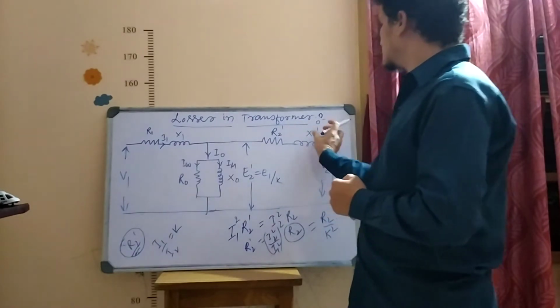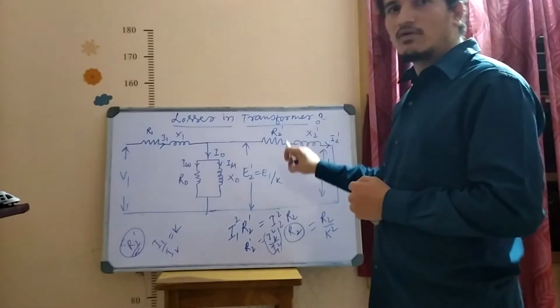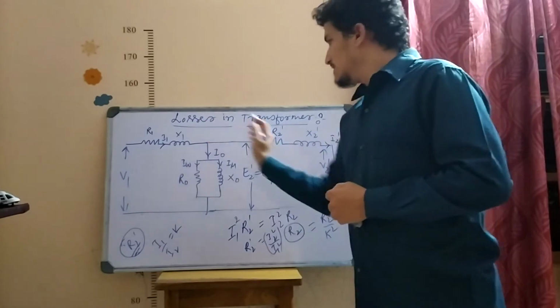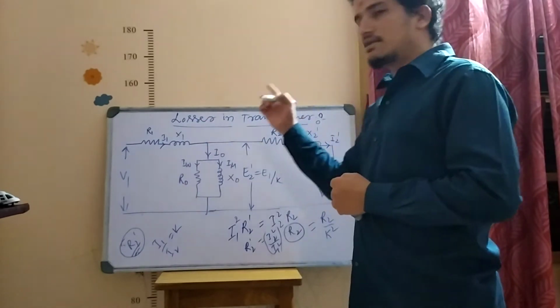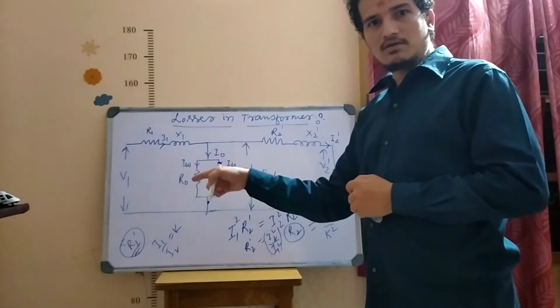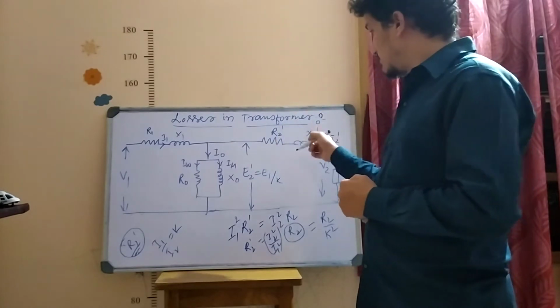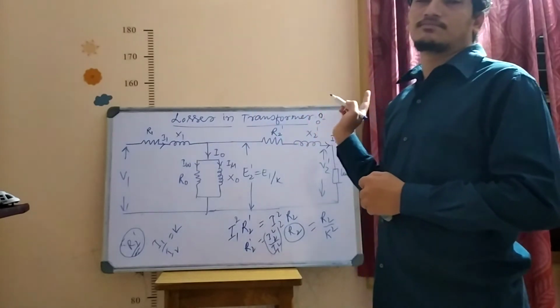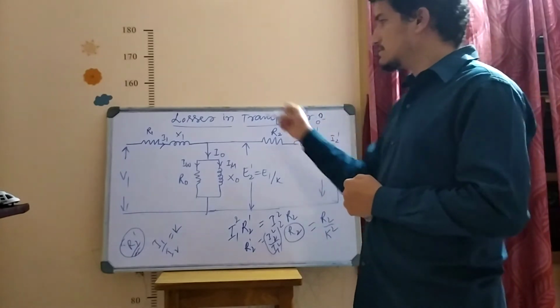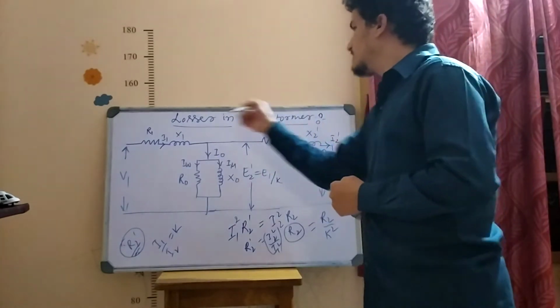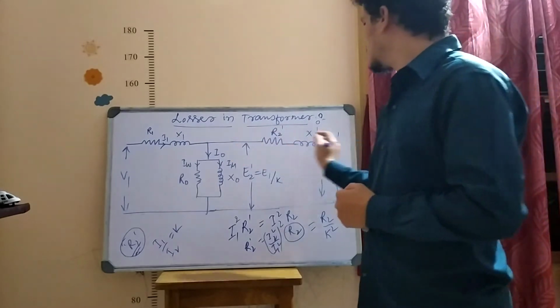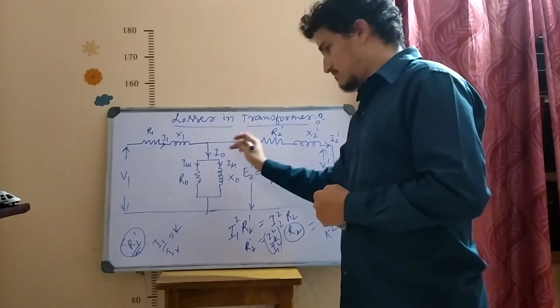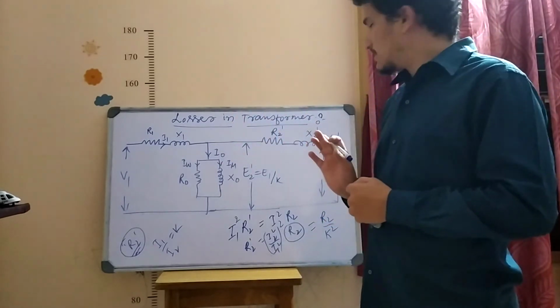Similarly, X2 dash is the equivalent secondary reactance referred to the primary. This will become one complete transformer circuit that I can place for the analysis.